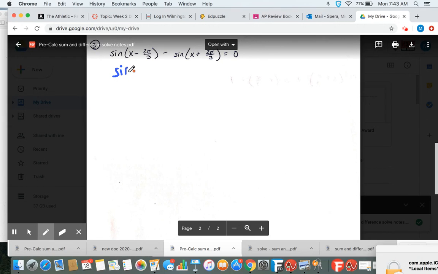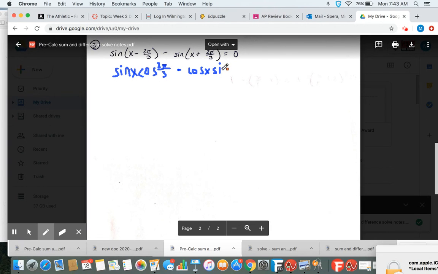It's going to be sine x cosine of 2 pi over 3 and then minus cosine of x sine of 2 pi over 3.